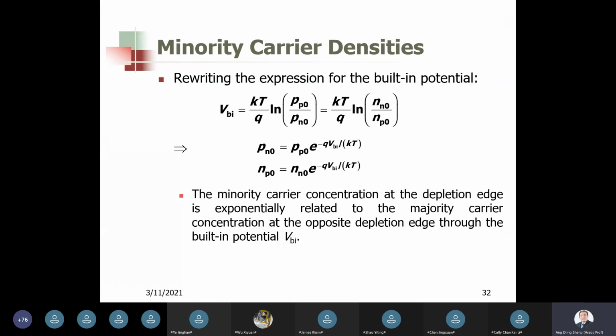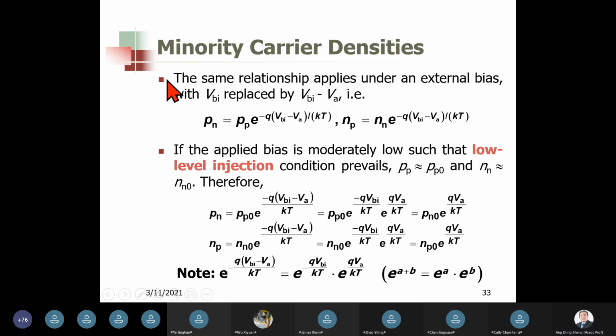Now, with this established, we can argue that the same expression can apply under external bias, simply by replacing VBI with VBI minus VA and dropping the 0 in the subscript.